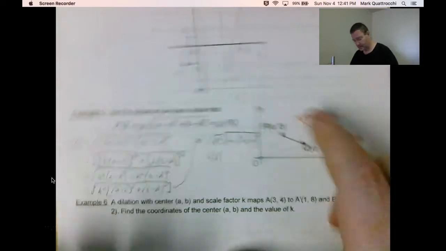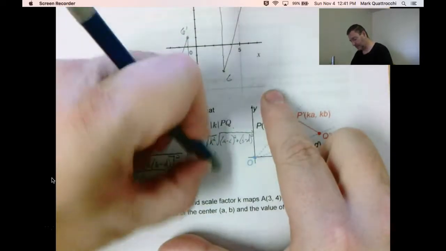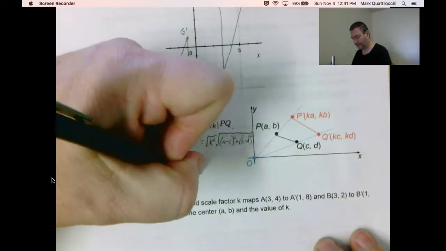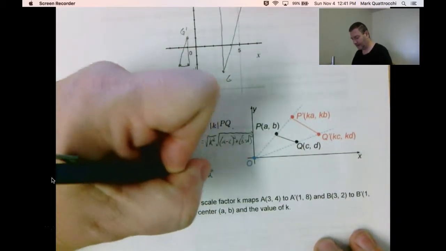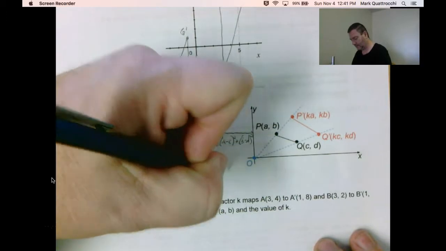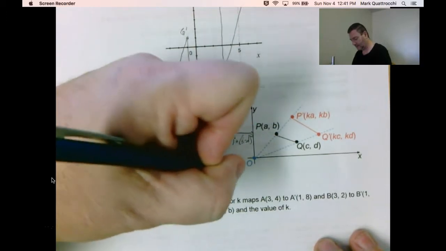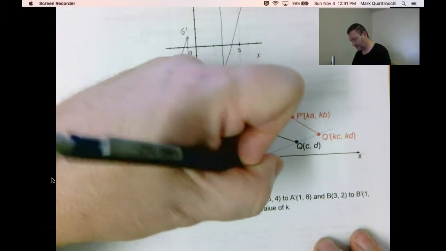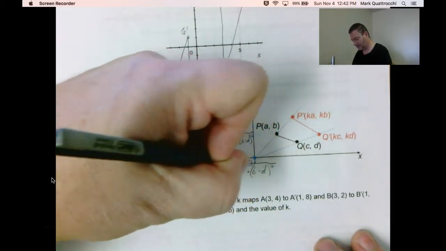So let me slide down so I can have a little bit more space to write left to right. So absolute value of k, square root of A minus C squared plus B minus D squared, all underneath the square root.